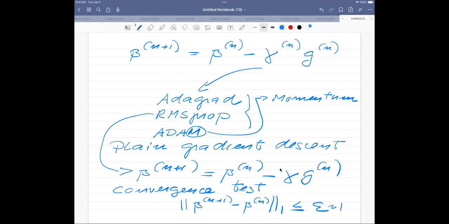And epsilon can be something like 10 to the minus 8 or 10 to the minus 10 or whatever. So you calculate the absolute value of the difference every iteration, and then you compare that to a convergence criterion which you have decided upon. Scikit-learn, I always have to look up the manual, but scikit-learn has a convergence criterion, and it has a default number of iterations, which you may need to change if you haven't reached convergence.